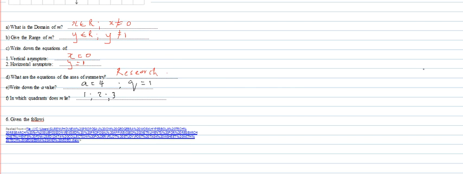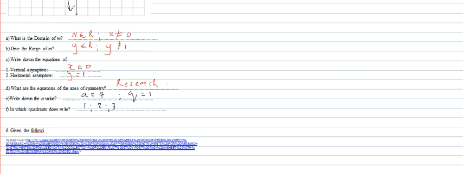The question is, how do the two graphs compare? In y equals 4 over x and y equals 4 over x plus 1, are there any ideas in comparing the two functions?